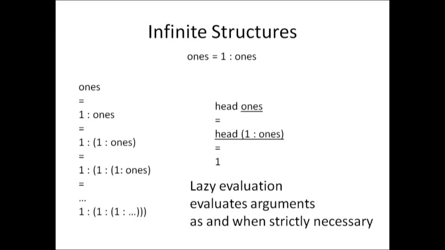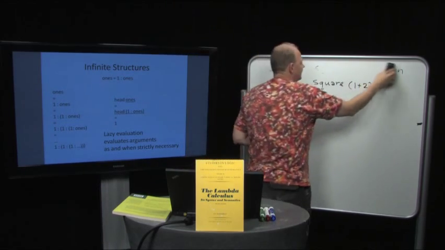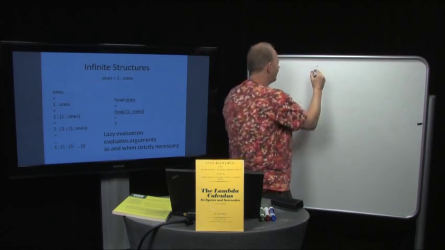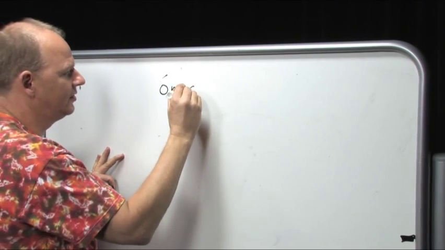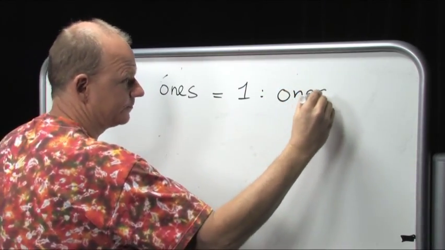Now let's look at some examples of infinite structures, like the infinite number, inf = 1 + inf, that we showed in the beginning. But in this case, one that's maybe more useful, or actually quite useful, the infinite list of ones. We can write that using a recursive function as follows: ones = 1 cons ones.